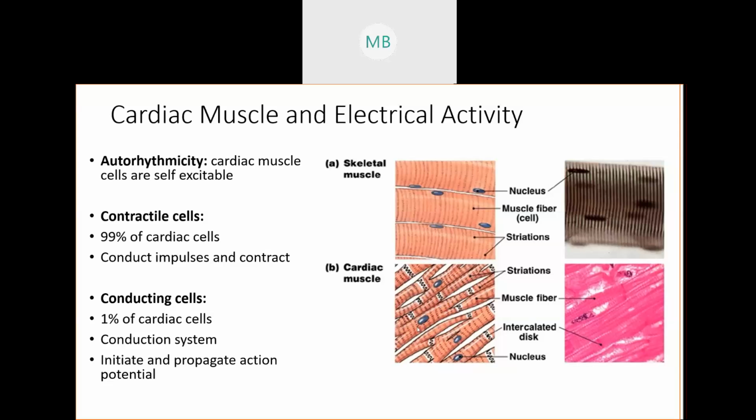Your connective tissue within this matrix connects to the fibrous skeleton.